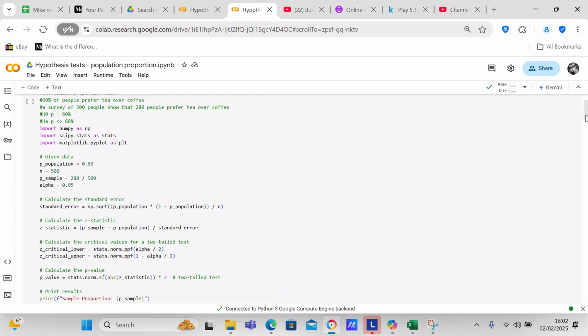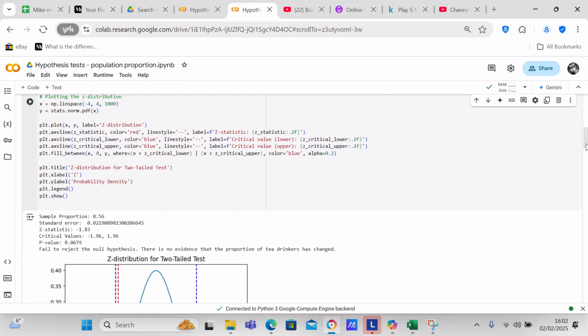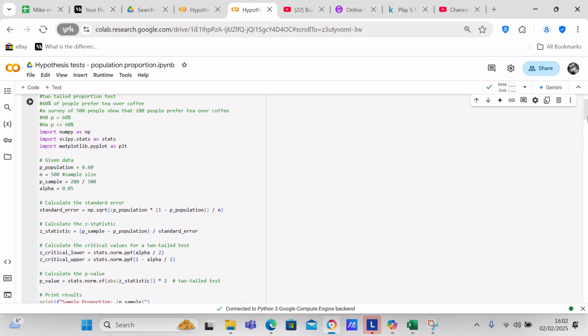The data we have: the population proportion is 60%, n, your sample size, is 500, your sample proportion is 280 divided by 500, which is 56%, and your alpha, or significance level, is 5%.